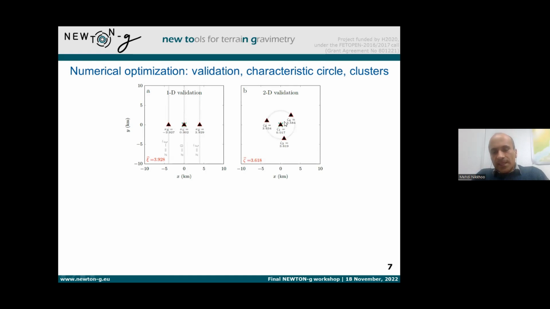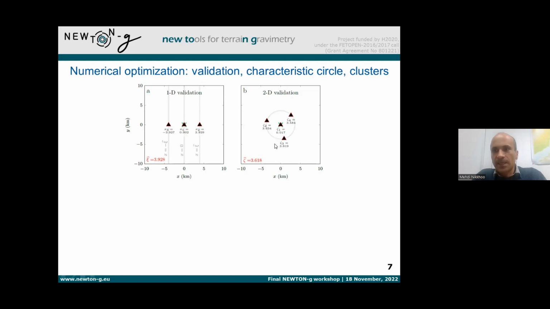In the second test, we use the 2D analytical solution. Again, in this case, we have the source represented by this green cross at the depth of 6 kilometers. And the triangles represent the solution from the numerical scheme. And this circle represents all the points at a certain distance from the center.